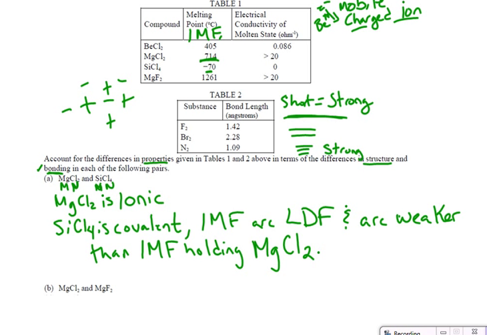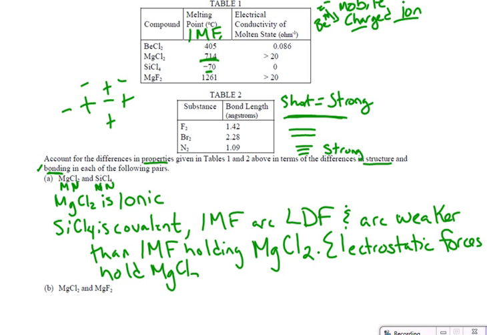So we have these electrostatic forces holding magnesium chloride in a lattice structure. So in order to melt magnesium chloride, you've got to break those bonds holding it together to separate these two apart.